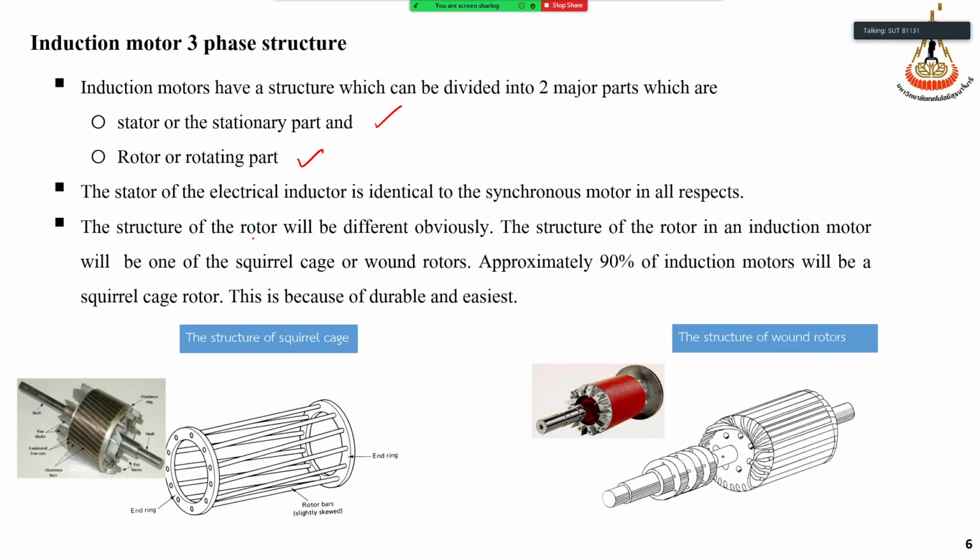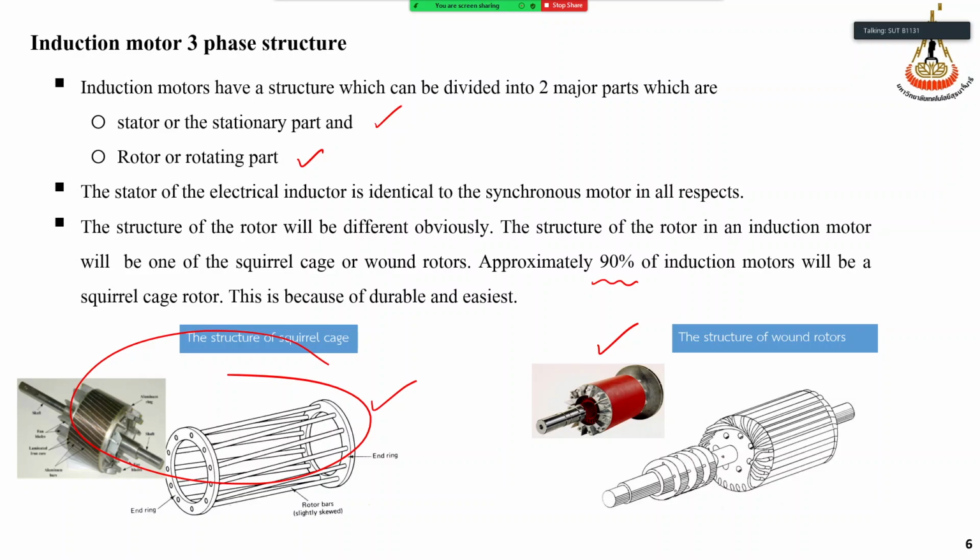The structure of the rotor is obviously different. In an induction motor, the rotor is either a squirrel cage or a wound rotor. Approximately 90% of induction motors are squirrel cage motors.